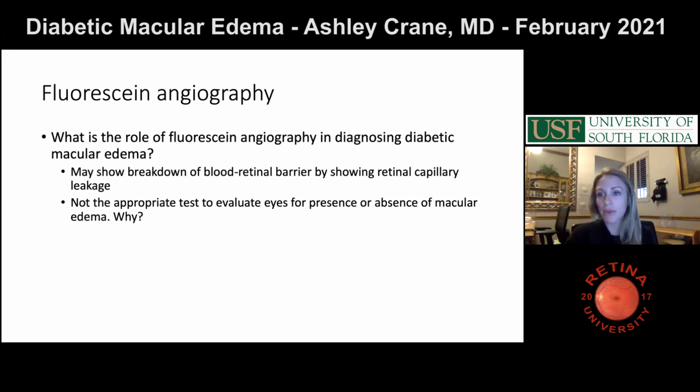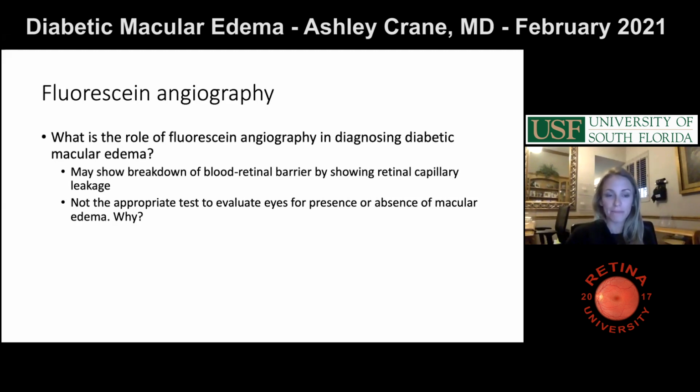There might not be fluid on the OCT because our RPE can pump out fluid, so it really depends on the leakage versus the pumping out. If our retinas are able to keep up with it, then you might show leakage on an FA and not on an OCT.